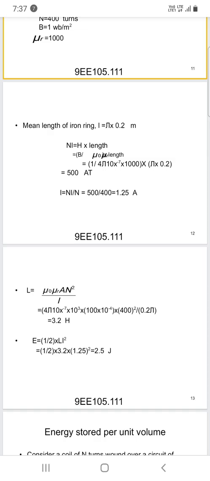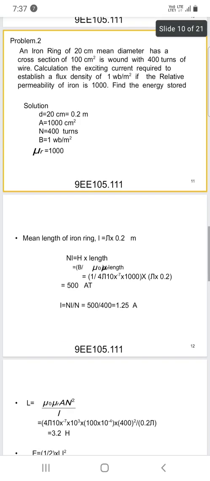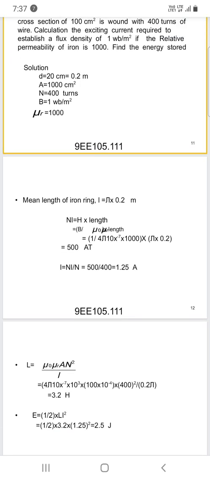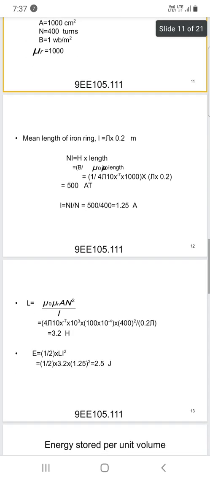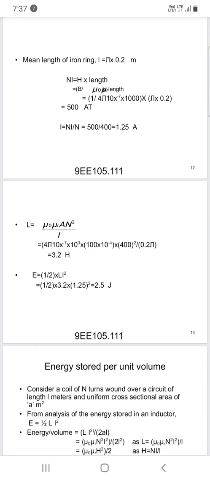The number of turns wound is equal to 400. Then we will get 1.25 amperes. So we will get the current.